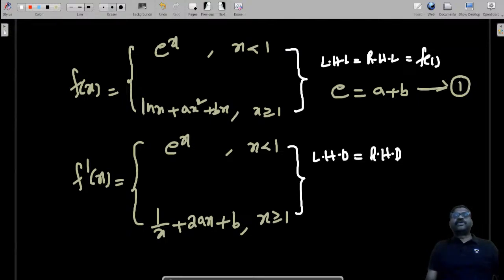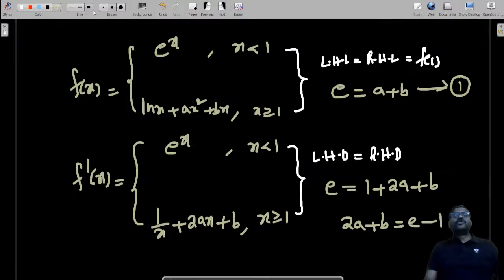Left hand derivative equal to right hand derivative. When x is tending to 1, left hand derivative is e, right hand derivative is 1 plus 2a plus b. 2a plus b equal to e minus 1. Call it equation 2.